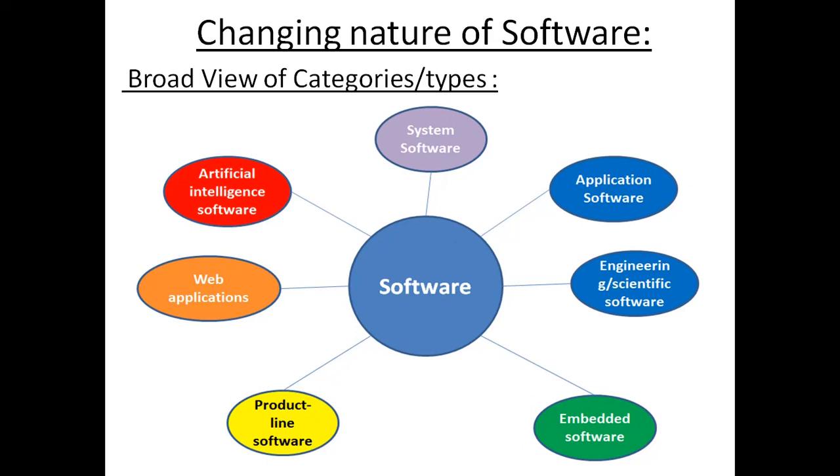Next one is the embedded software. Basically this software is designed to handle both the software as well as the hardware part. Let's say the example is IoT, that is Internet of Things, in which all the devices or applications are connected to each other by the internet.